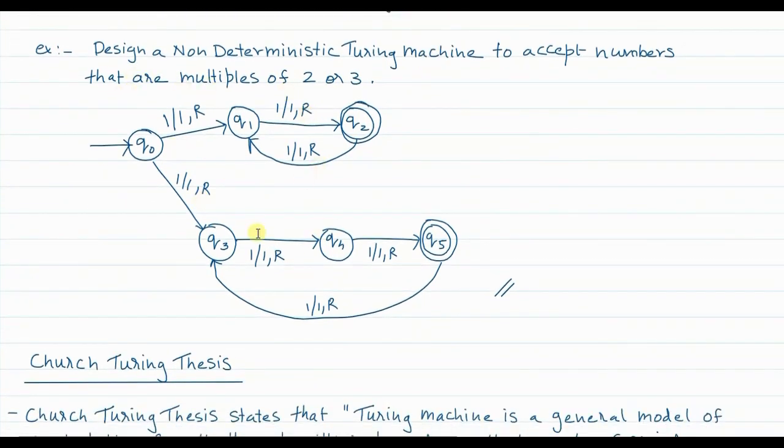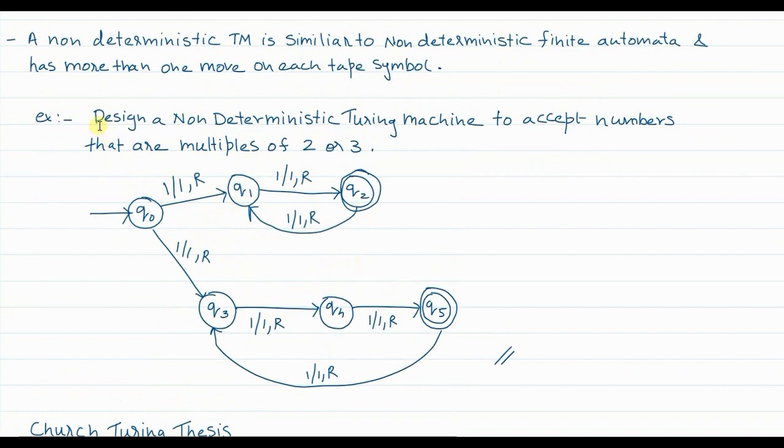Now this is a Turing machine that we have designed. What it does is accept numbers that are multiples of 2 or 3. As you know, the numbers are represented on the tape using unary format, correct? So if I want to say multiples of 2: 2 ones are 2, 2 twos are 4, 2 threes are 6, and so on.